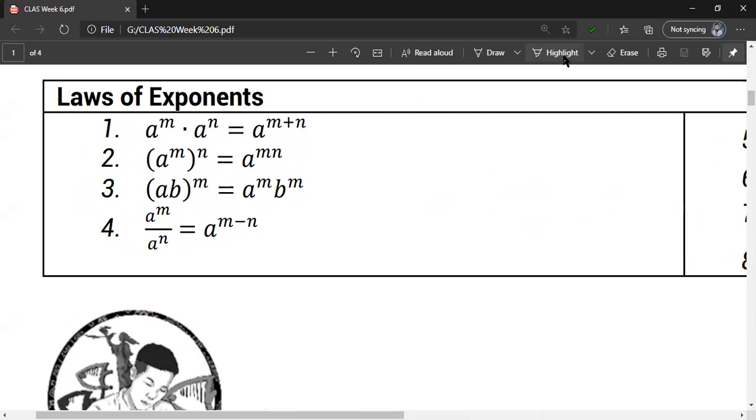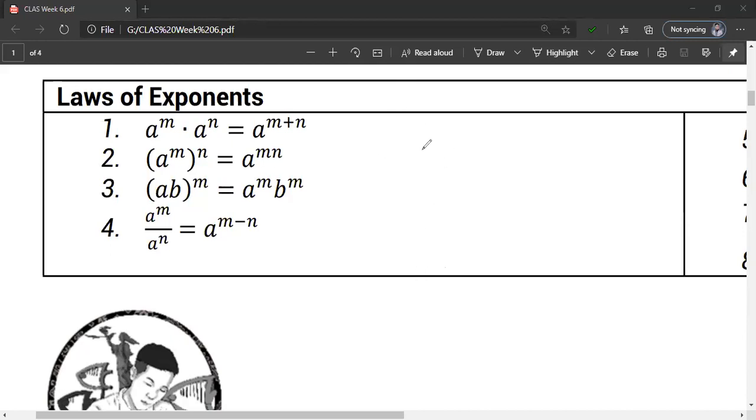Okay. So let's proceed. So we have laws of exponent. We actually only have 6, I guess, but I included some of the exponents related laws that we might apply in our learning activity sheet or in our examples.